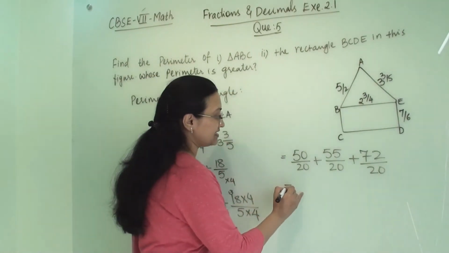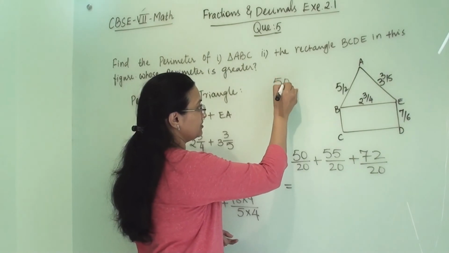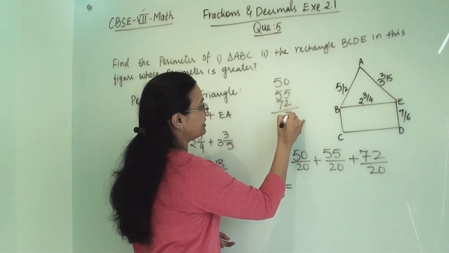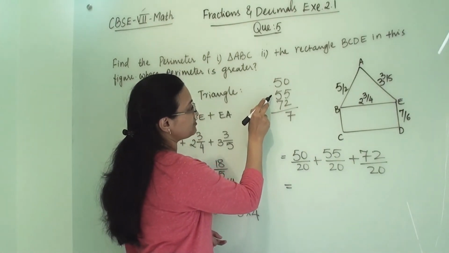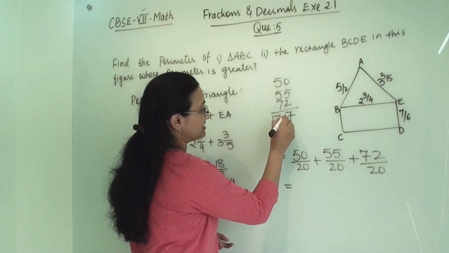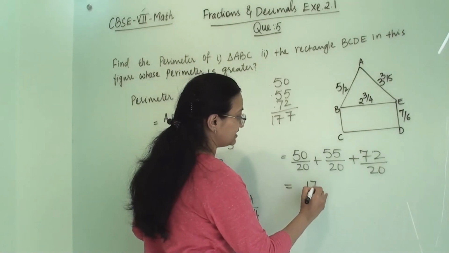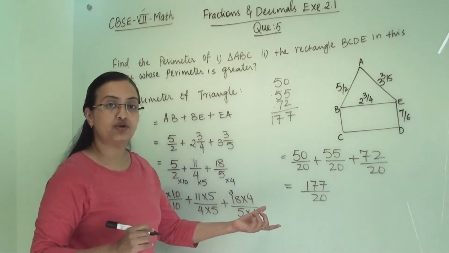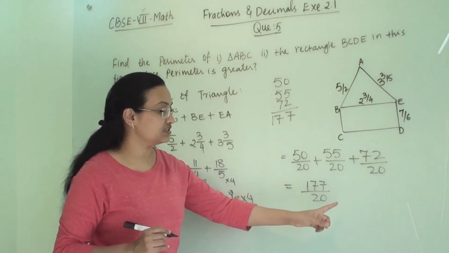Now let us add them. 50 plus 55 plus 72. So here we will get 7, 5 plus 5, 10 plus 7 we will get 17. So 177 divided by 20. Now this is an improper fraction. Let us convert this into a mixed fraction.